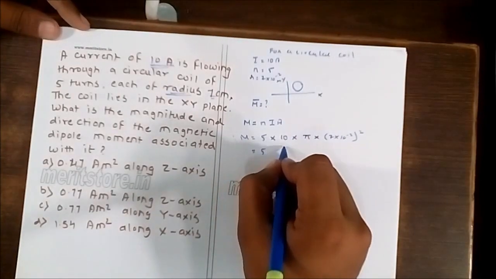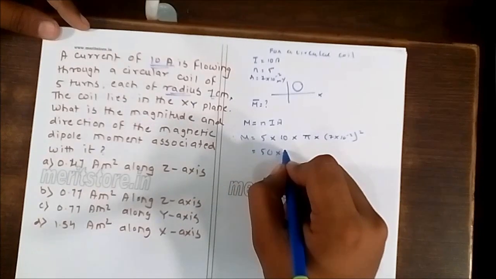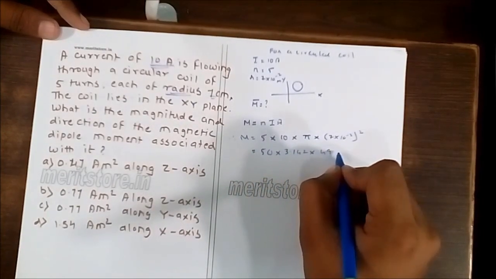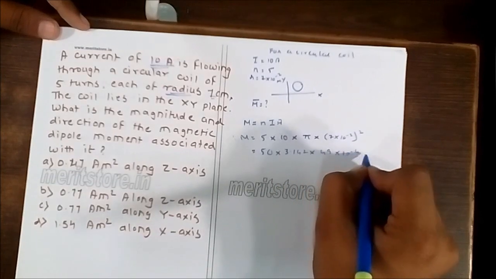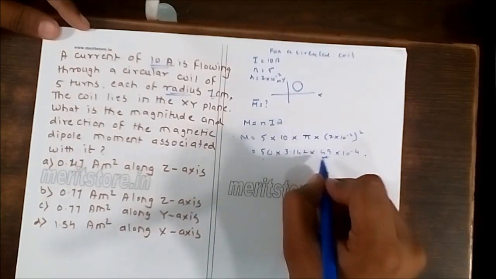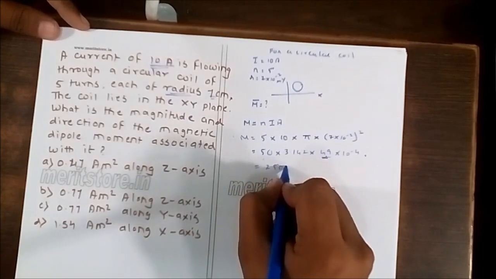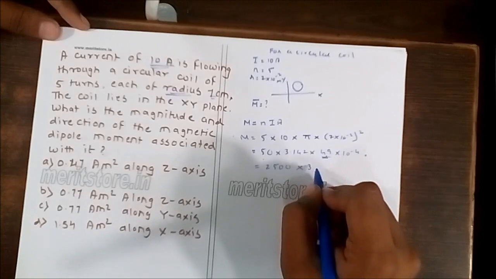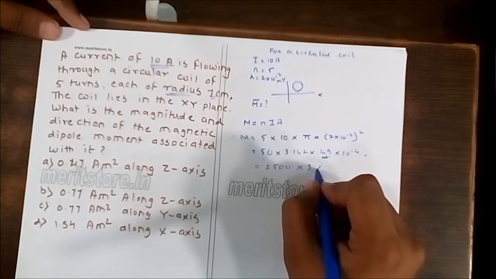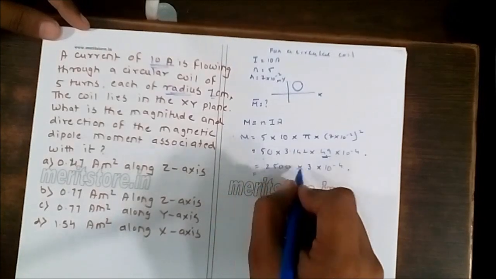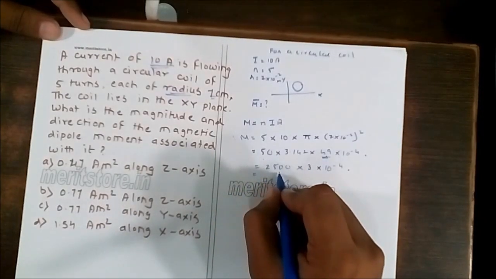So 5 into 10 is 50 into 3.142 into 49 into 10 raised to minus 4. So this is 50 into almost 50. This gives me 2500. 3.142 as 3 into 10 raised to minus 4. 3 into 25 is 75 into 10 raised to 2 into 10 raised to minus 4.